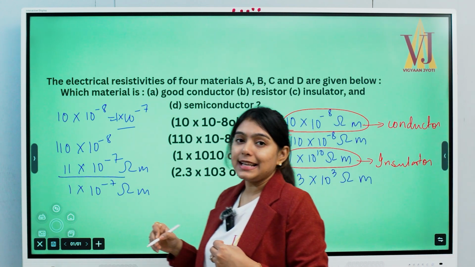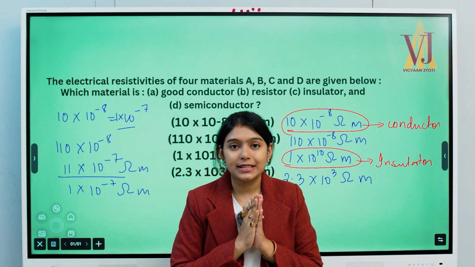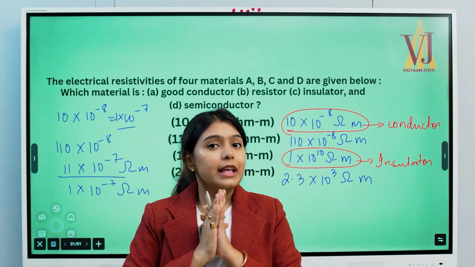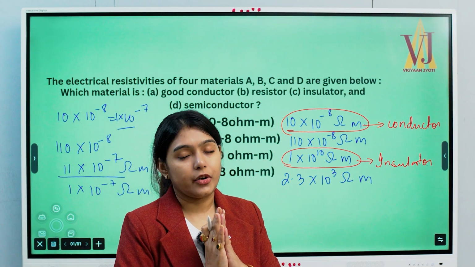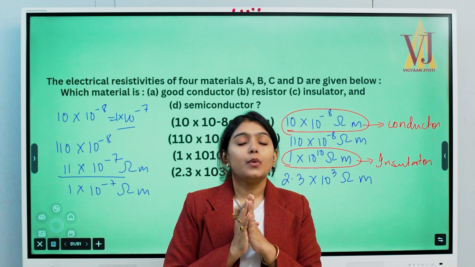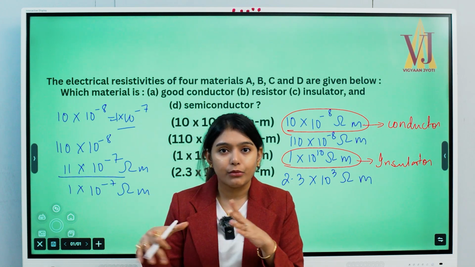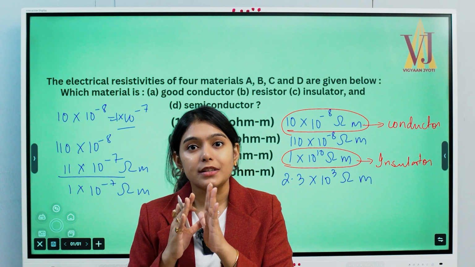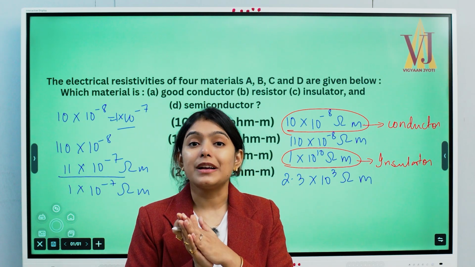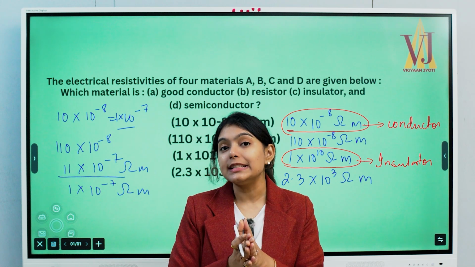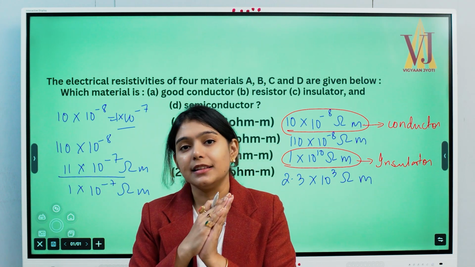Now you have to understand this: let's say we don't have any idea about the semiconductor. How will you solve this question? Insulator and conductor were easy, but how will you solve for semiconductor and resistor? Do you ever hear that semiconductors are used in electrical circuits, whenever we take examples? No, we always use resistors. That means resistors are far better than semiconductors, so the resistor will have a resistance less than the semiconductor.